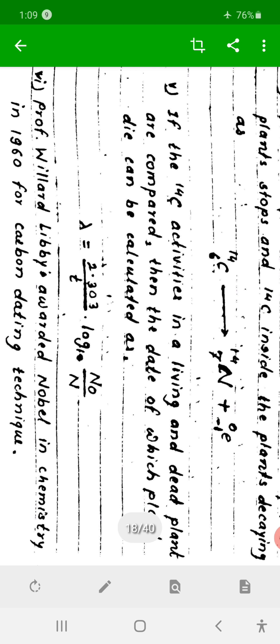From that difference we judge the age using the formula lambda equals 2.303 upon t into log base 10 of N0 upon N. Here lambda is the decay constant, which is known to you. t is the age of that wooden piece or wooden material.